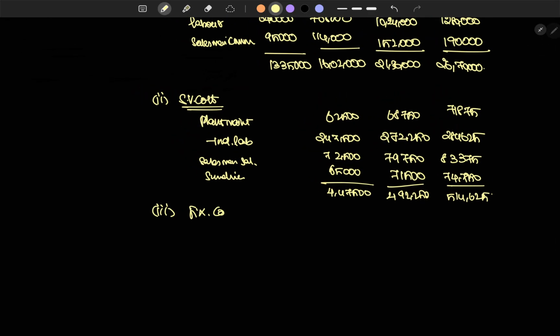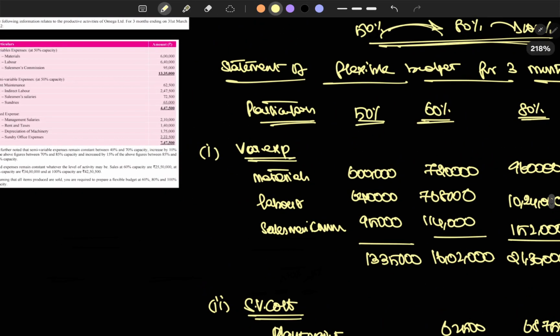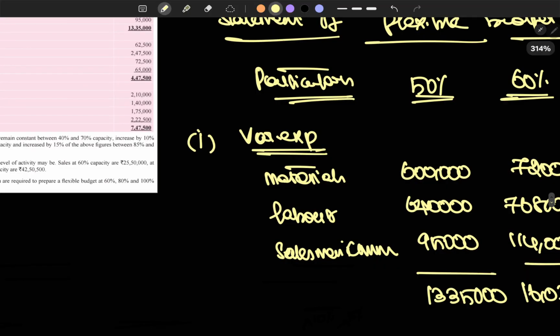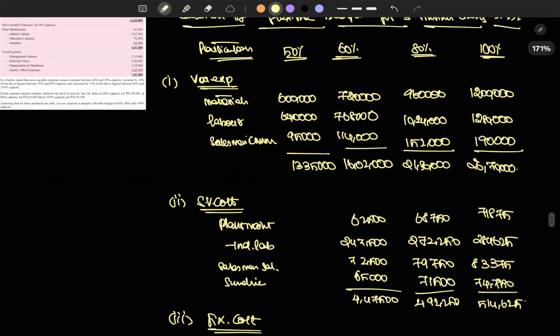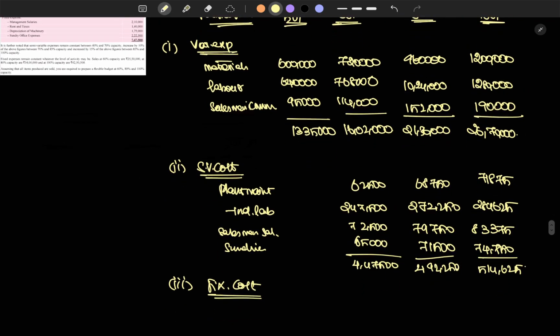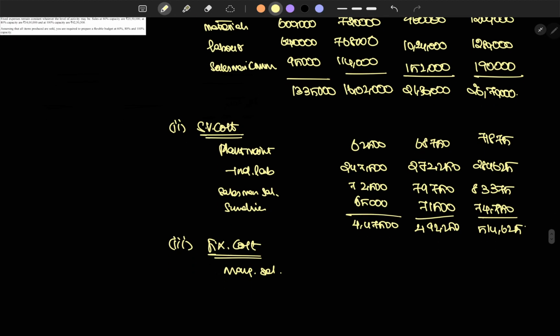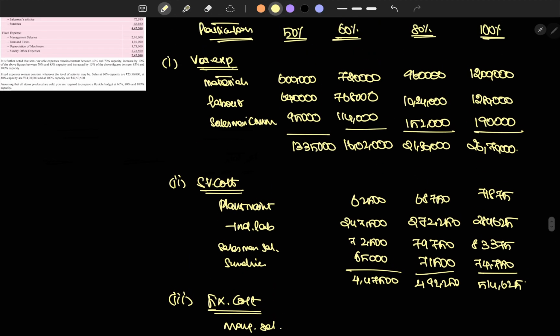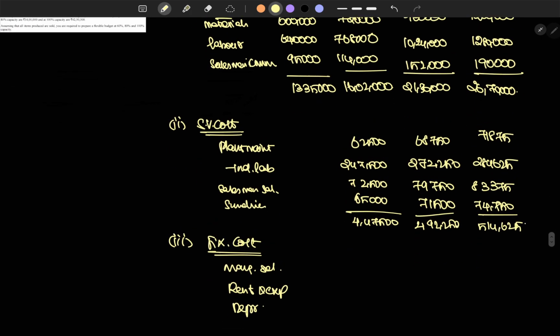Let's go to the fixed cost, which is constant, right? So there is no change for any capacity level. It's not changing. So let's populate the figures. Management salaries, rent and expenses, depreciation, and then sundry.